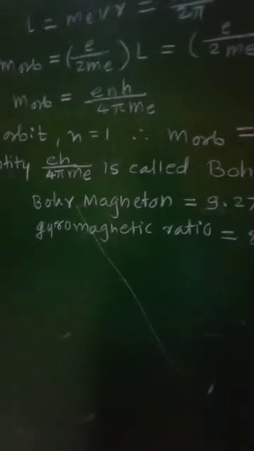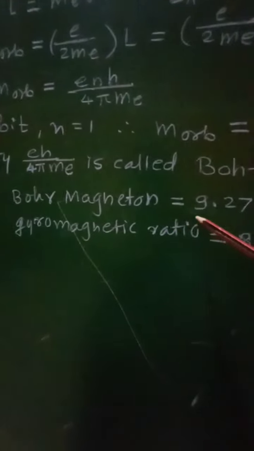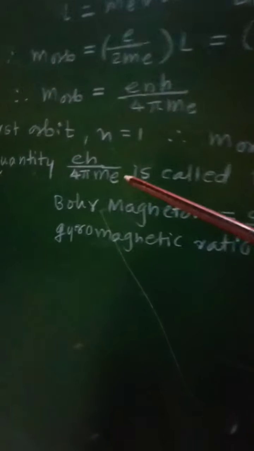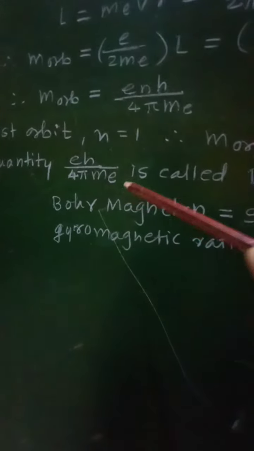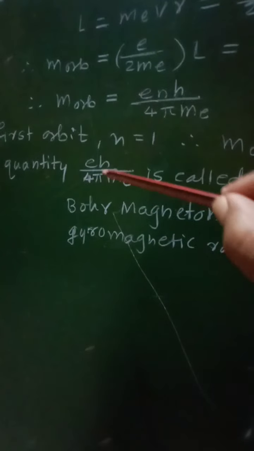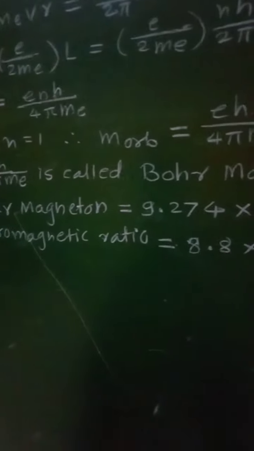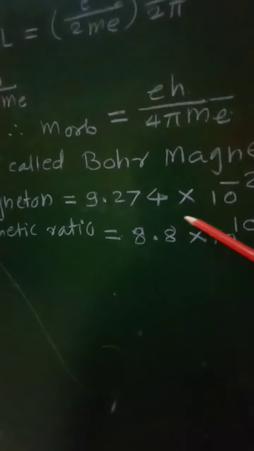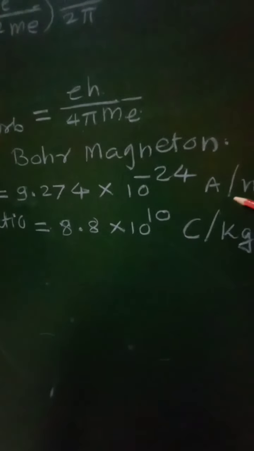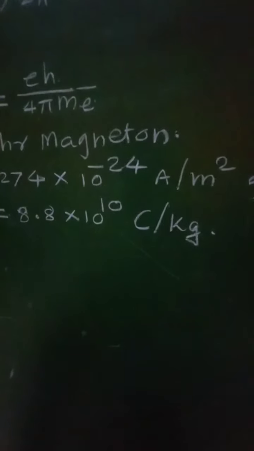Now if you consider the Bohr magneton, that is eh upon 4 pi m_e, if we put in the values and calculate, its value comes out to be 9.274 into 10 raised to minus 24 ampere meter square.